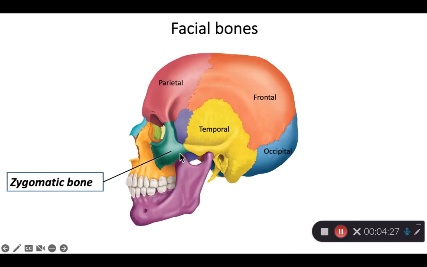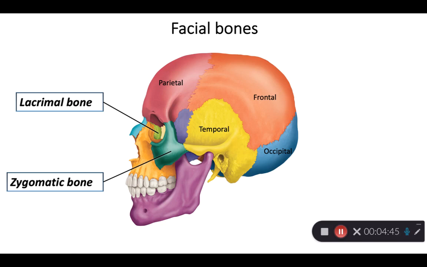All right, lateral view, we see the zygomatic bone here clearly, right? We still see these cranial bones here. We see in here, this area is a small bone called the lacrimal bone. So lacrimal is in reference to the lacrimal glands that produce tears.